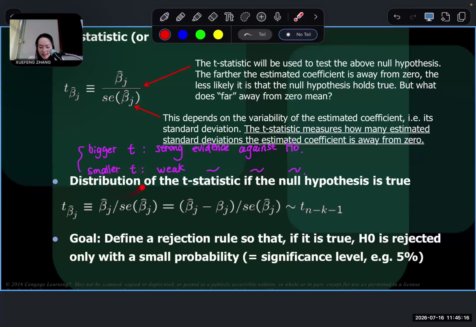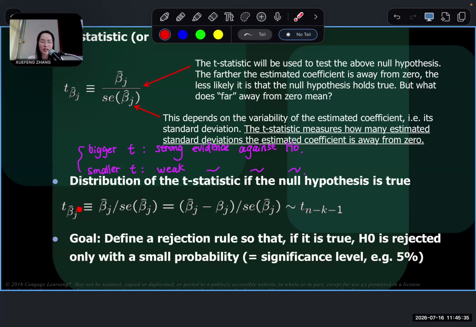Now look at the distribution of the t-statistic if the null hypothesis is true. Okay, if H0 is true, meaning beta j really is 0, right?